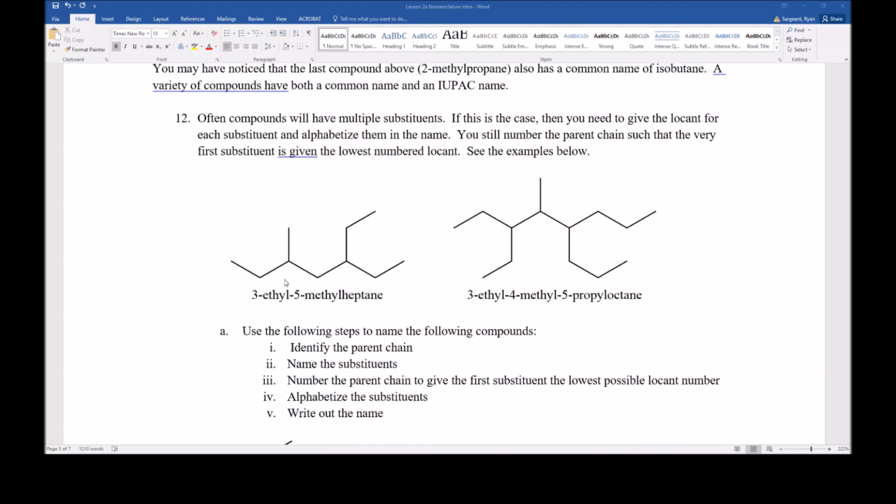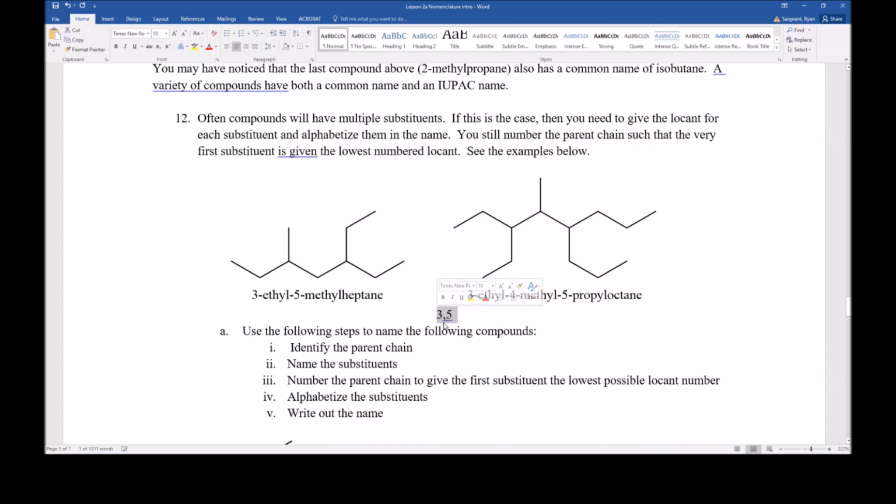So this is a problem that we haven't encountered before. You can number your parent chain starting from either direction, and you end up with the same pattern of locants, 3, 5. Now we need to decide which of these 2 substituents I should give the 3 position and which one the 5 position.